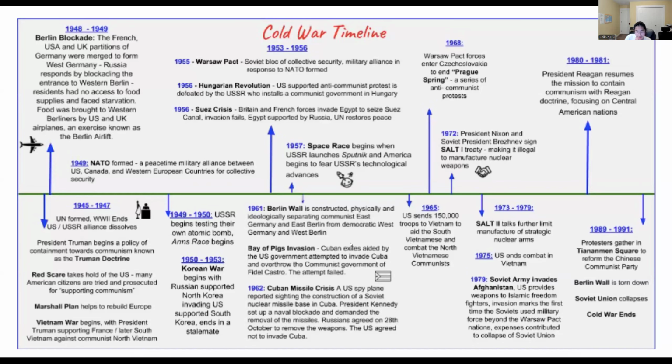The US government tried to send Cuban exiles over there to overthrow the communist government, and they failed, and it looked really bad on the US. That's one thing I think I didn't really talk about before. Anyway, this timeline, we already went through most of the stuff, so we're just gonna keep moving on.